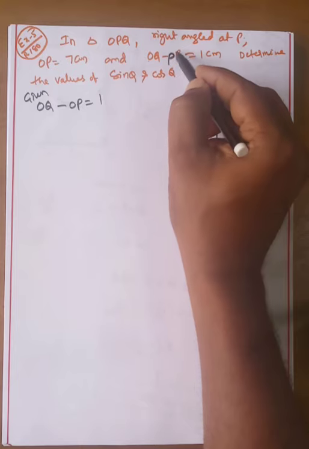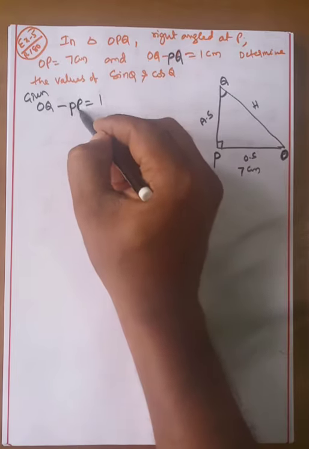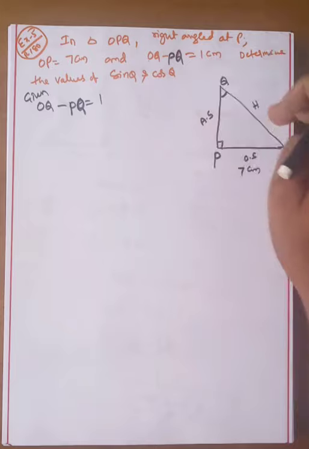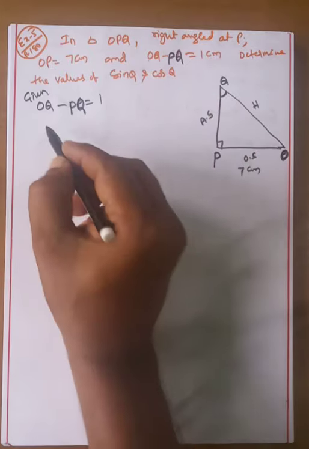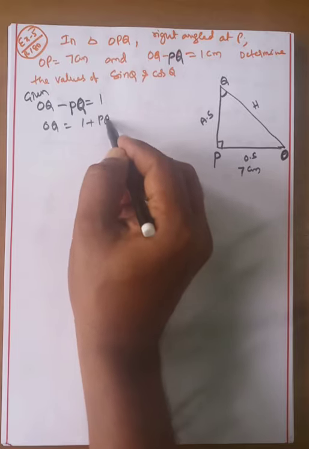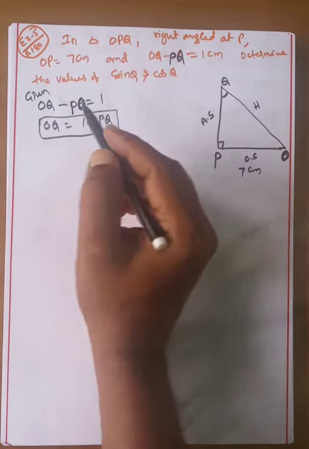This side is PQ. OQ minus PQ is equal to 1, which means this difference is equal to 1. From this, OQ is equal to 1 plus PQ. Remember this one: minus side becomes plus side.